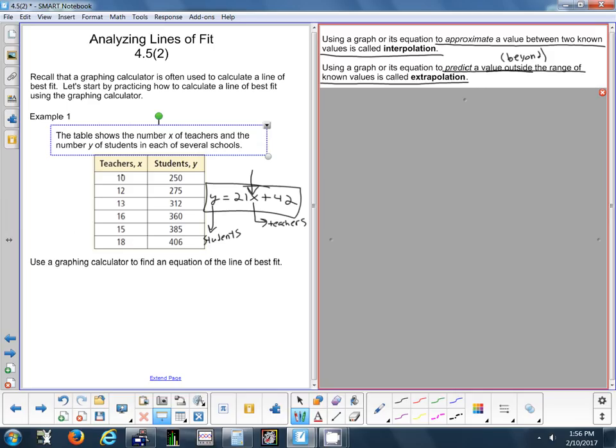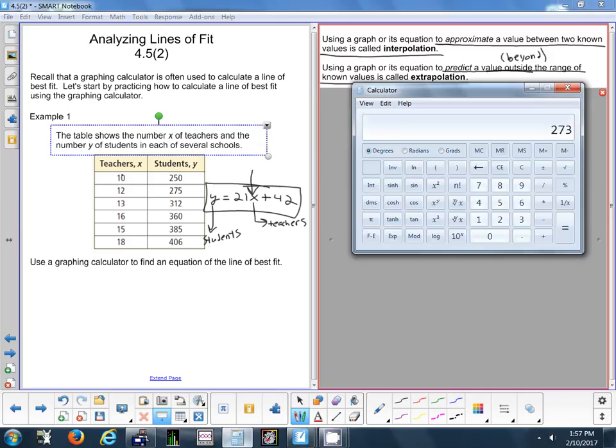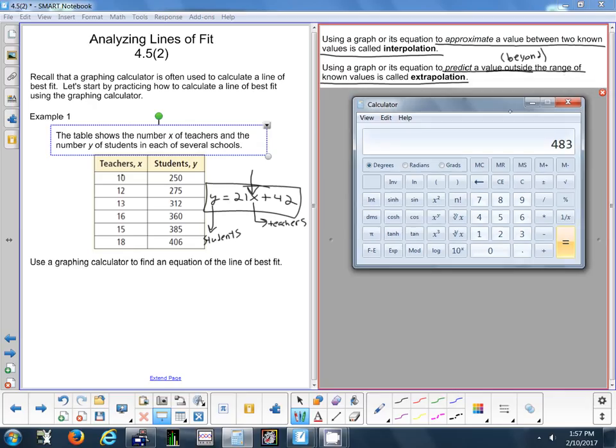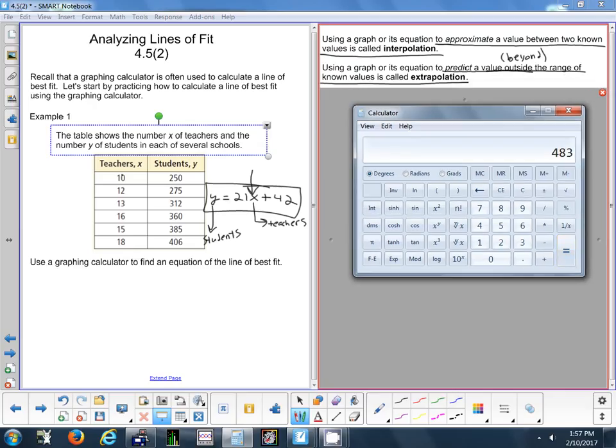Okay, so what I could do is plug in 21 teachers for x, and I would predict that if there were 21 teachers in the school, there should be 483 students. That prediction that I'm making, that's called extrapolating. I'm predicting beyond the end of my list.